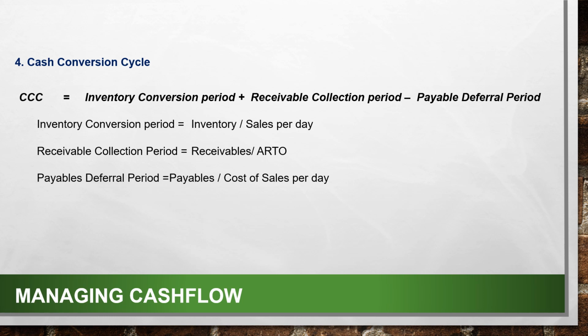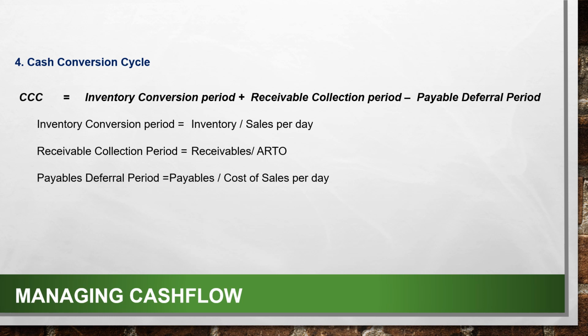That will give us a negative 10 cash conversion cycle. Generally, that is very good because we already have money collected by the 50th day before we pay the payables to our suppliers by the 60th day. So that's a very simple way to understand this.